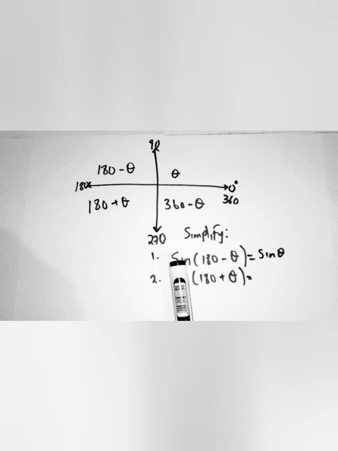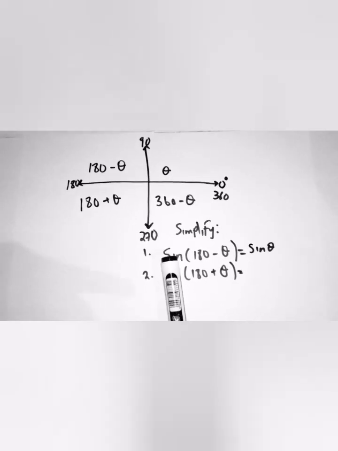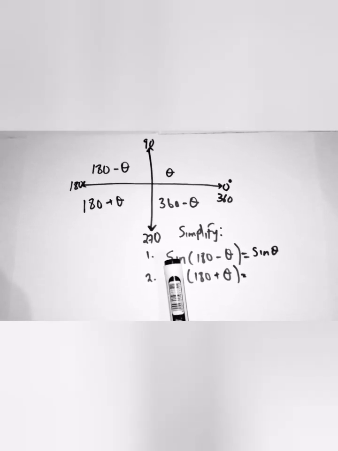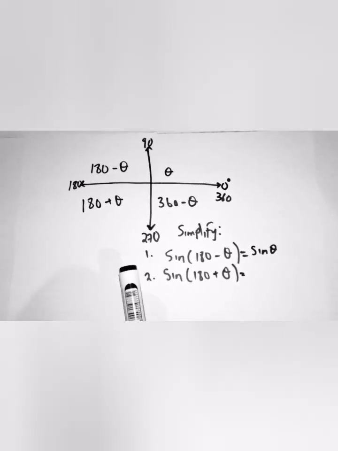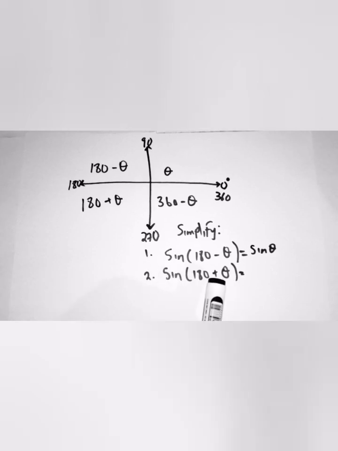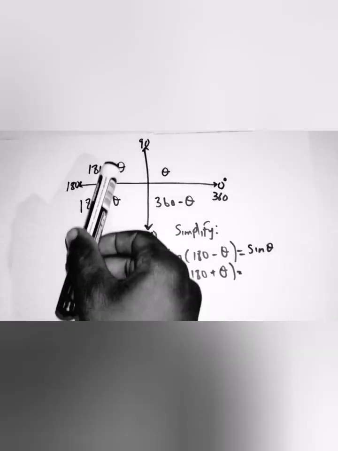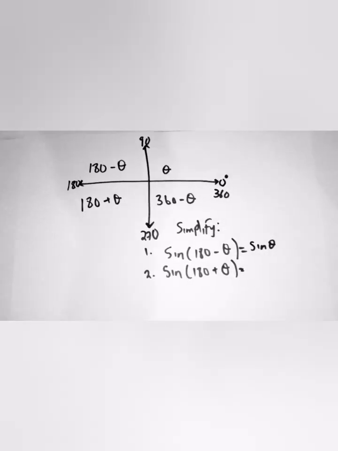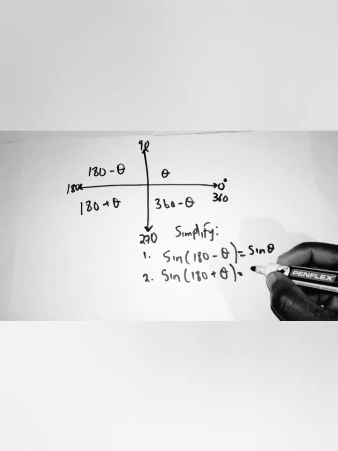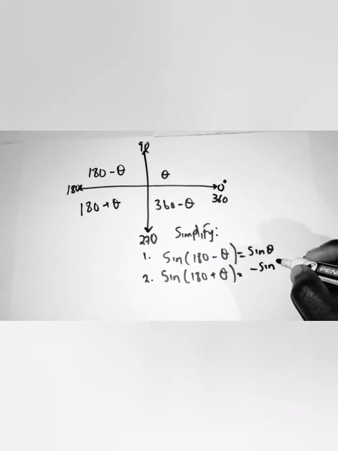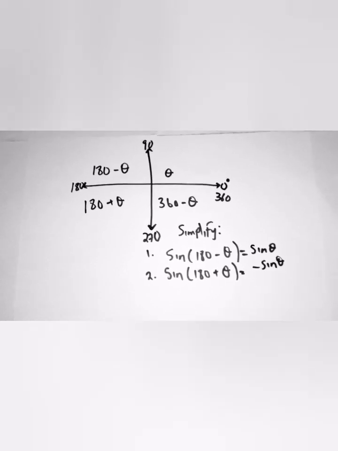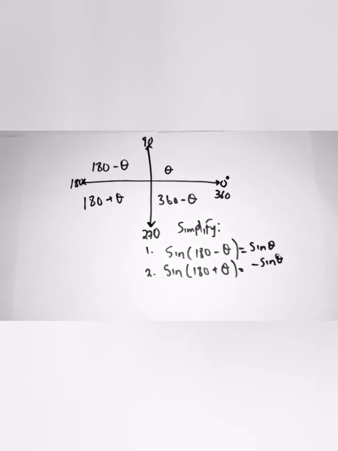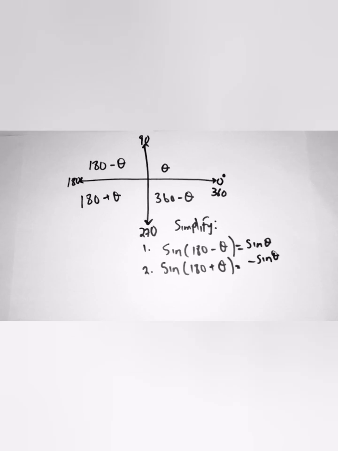If I remove that marker and I find that what's there is not tan, it means that it will be that thing, but it will be negative because they placed it where it doesn't belong. So sine theta on the third quadrant is negative. Why? Because we know that sine theta is positive on the second quadrant and the first. So on the third it will be negative, but if it was tan there, it will be positive tan theta. I don't know if you understand that, but let's carry on.